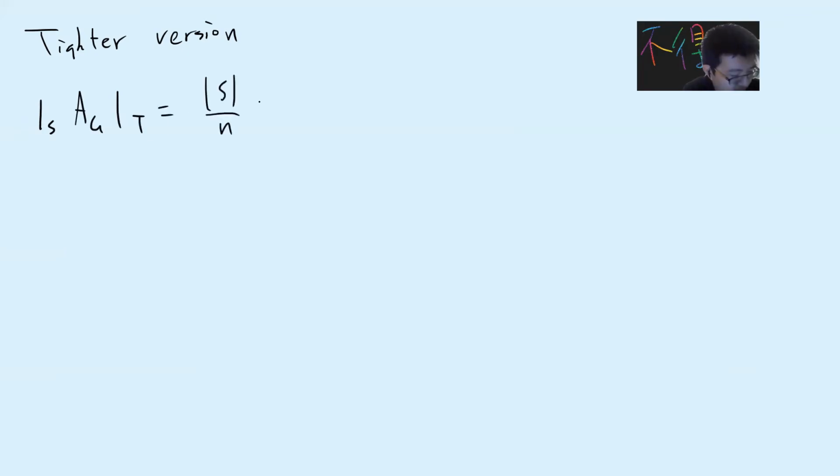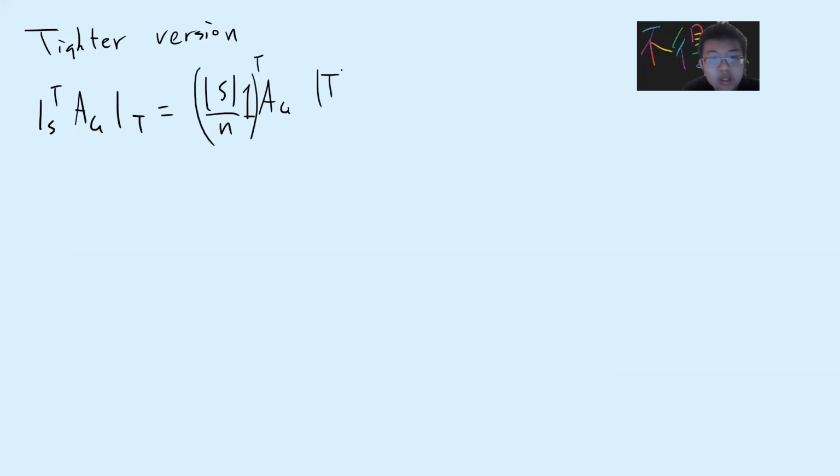Okay, so let's go to the tighter version. In order to do the tighter version, you just notice this: if you do 1_S^T A_G 1_T, this is s divided by n times 1^T A_G, where 1 is a vector that every element is 1.